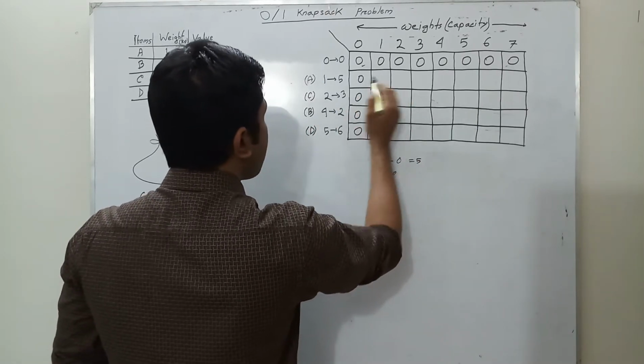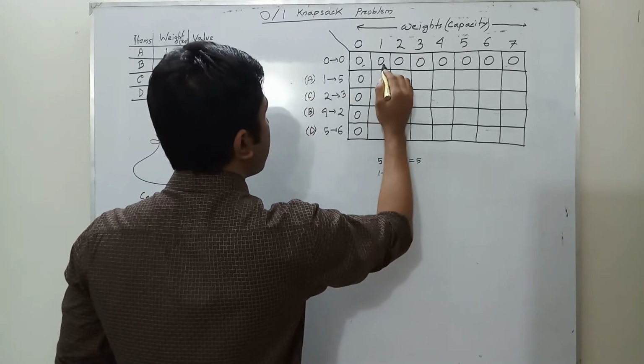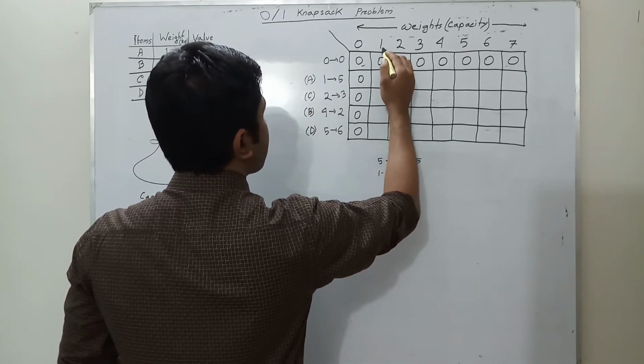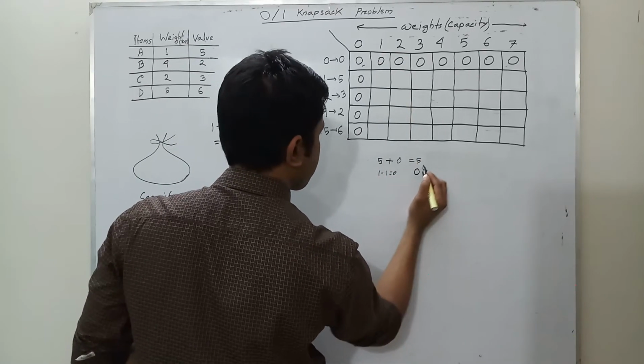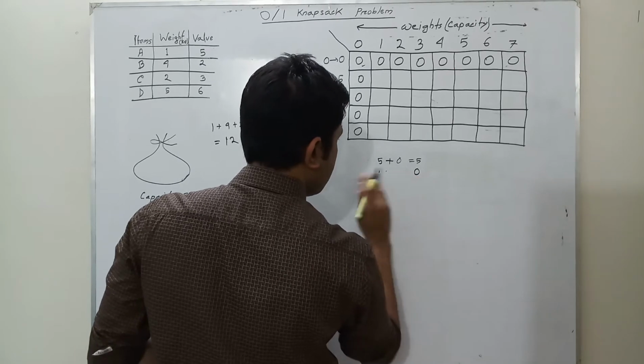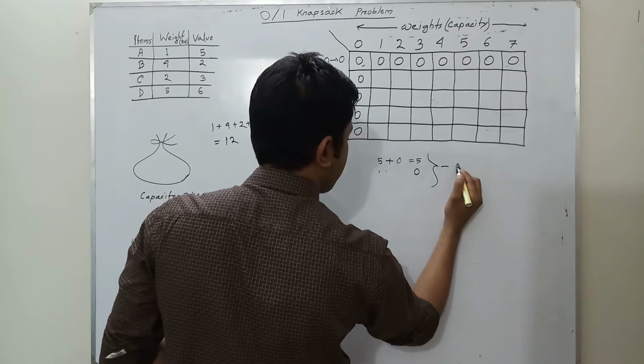Here again, without using this item, we know the maximum obtainable value will be 0 when the capacity of the knapsack is 1. Here the maximum value is 5.